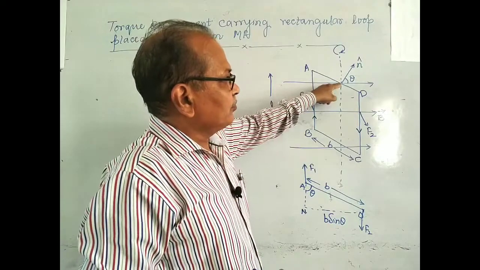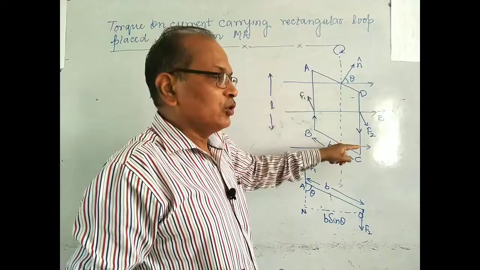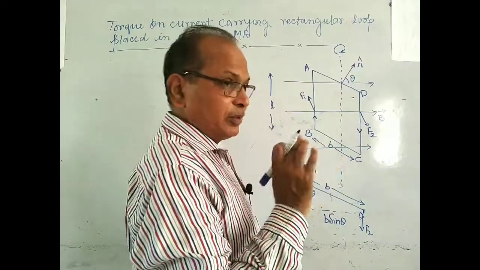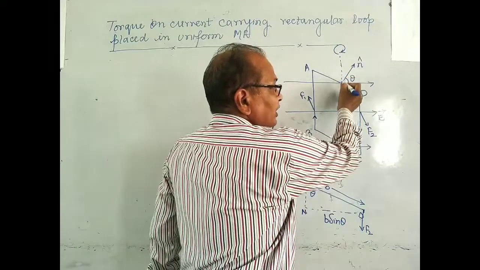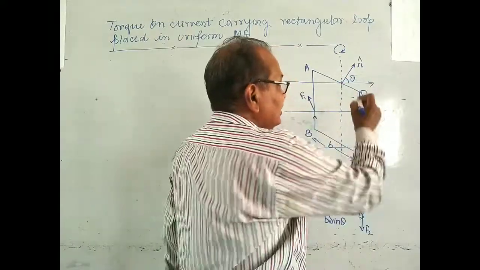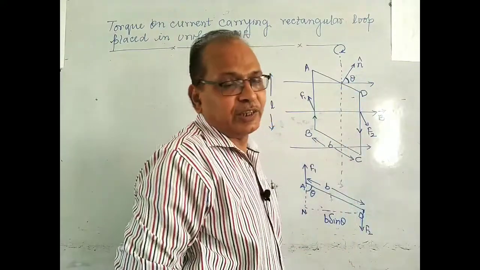This is the normal vector of this rectangular loop, n vector, and these are the magnetic lines. These form an angle theta between them.